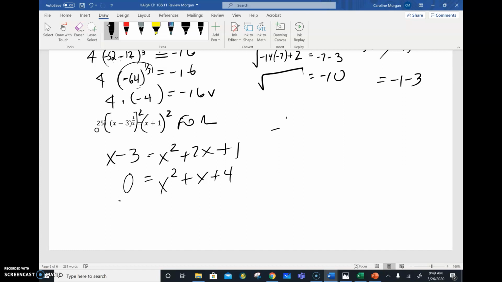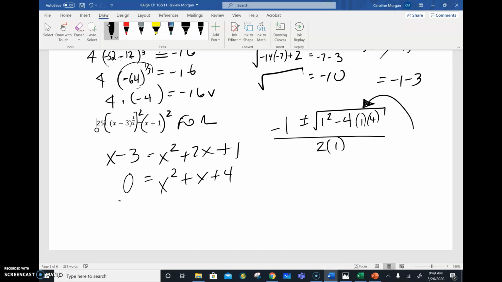Negative b plus or minus the square root of b squared minus 4 times 1 times c, all over 2 times 1. This is going to be negative. These are all imaginary solutions. So in this case, there's no solution because we were looking for reals.